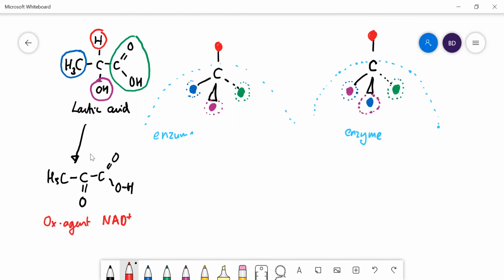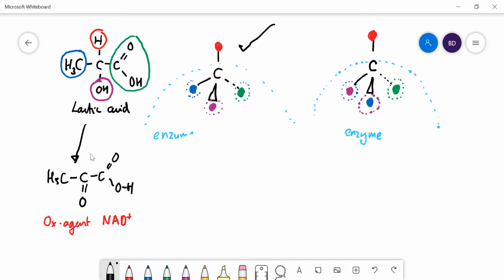Now we need to see why that is the case. Here's the enzyme, which I've drawn in light blue, and there's the surface of the enzyme. I've got both isomers.